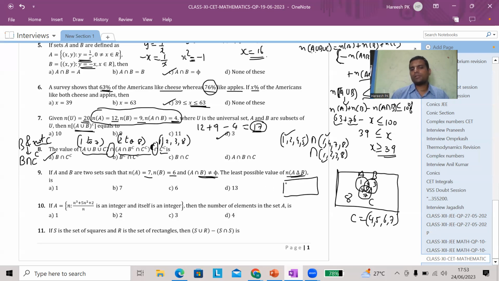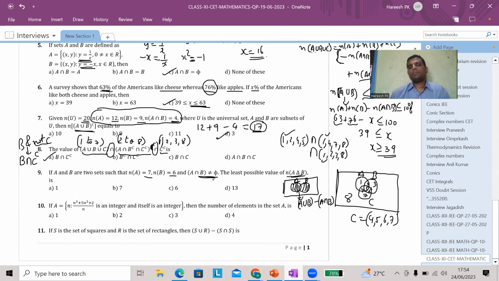Symmetric difference means it is only A or only B. In A union B, you subtract the A intersection B.